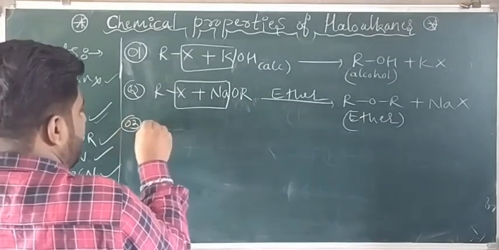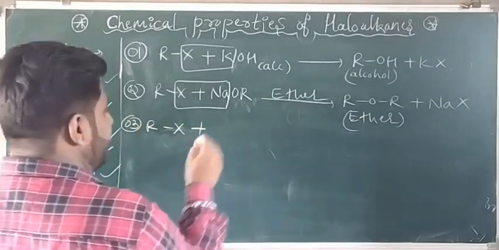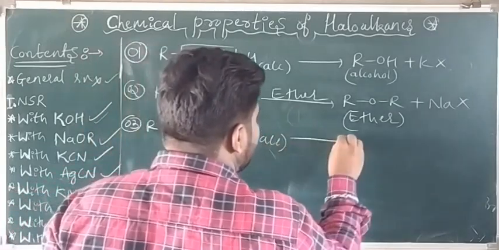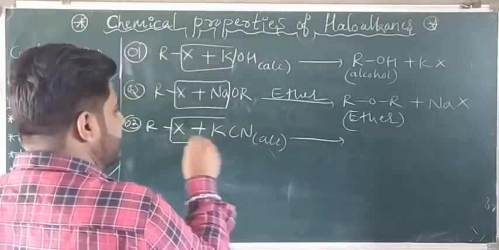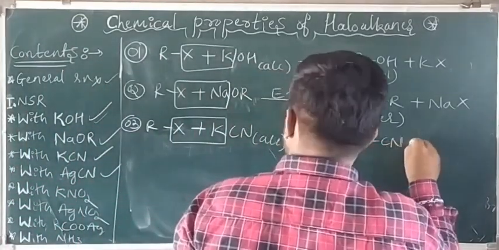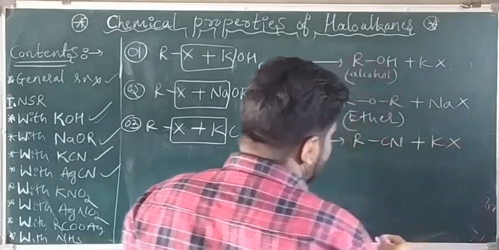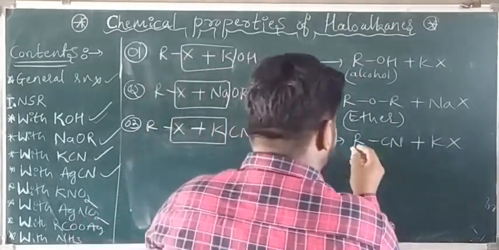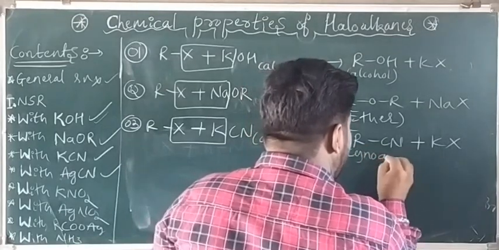Third reaction. When this haloalkane is treated with alcoholic potassium cyanide, KCN, we are getting KX eliminated and alkyl cyanide obtained, RCN plus KX. This RCN is nothing but alkyl cyanide or cyanoalkane, what we can call, right?